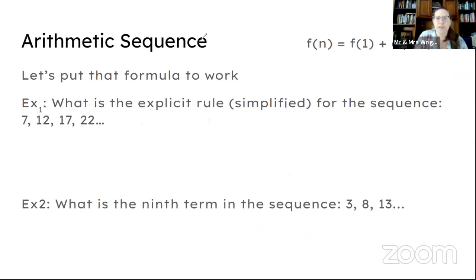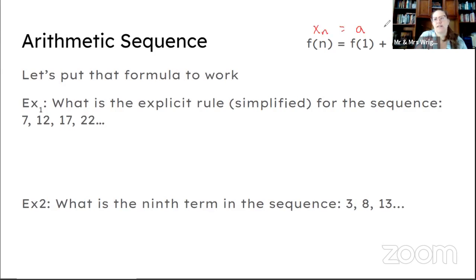So let's put that formula to work for us. We have the formula written up here. If you want to see it the other way, it would be x sub n is a plus d times n minus 1. Okay, so let's put that formula to work.